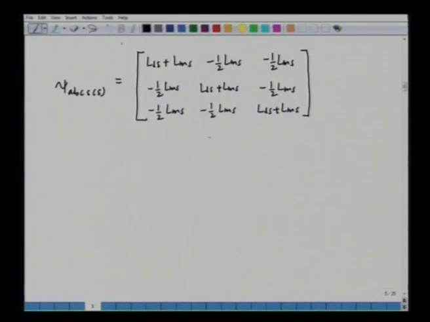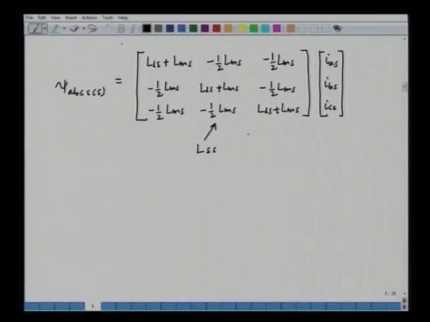So, this matrix is LSS. This multiplied by IAS, IBS and ICS will give me the stator flux due to its own current. So, psi ABCS equals LSS into IAS, IBS, ICS. So, LSS has been found out.